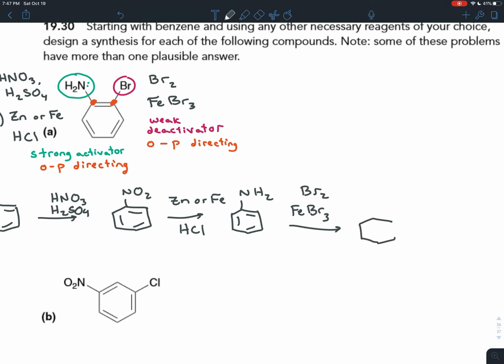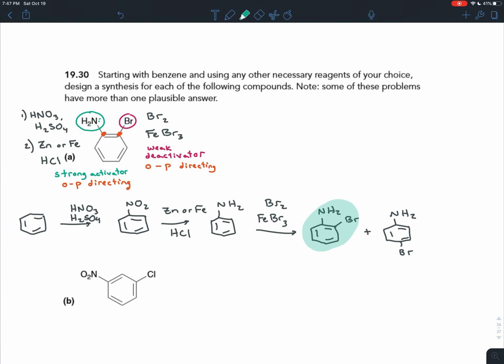So in that case, we would actually get two products. That's okay, so long as we get the product we want. We'll get the ortho product, and we'll also get the para product. Regardless of that, we get the product we want, which is the ortho product.